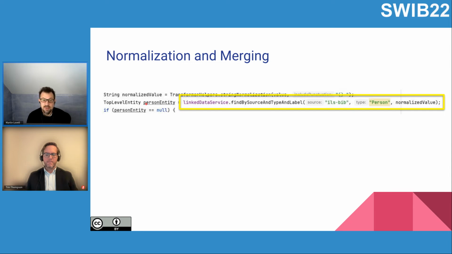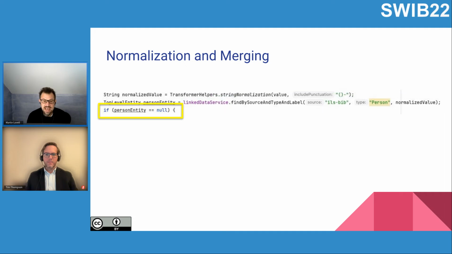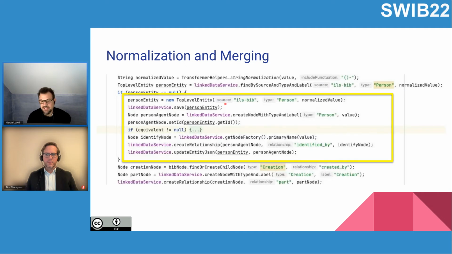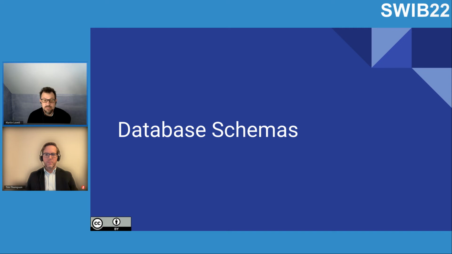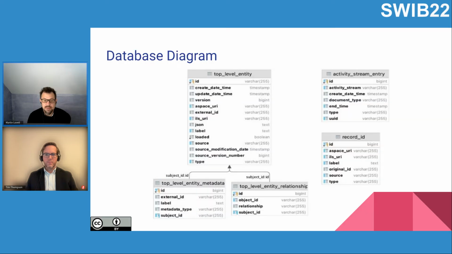And if we don't have the person, we just create a new person. And whether that person's new or not, we do the same thing with it to relate it to the record that we're processing.